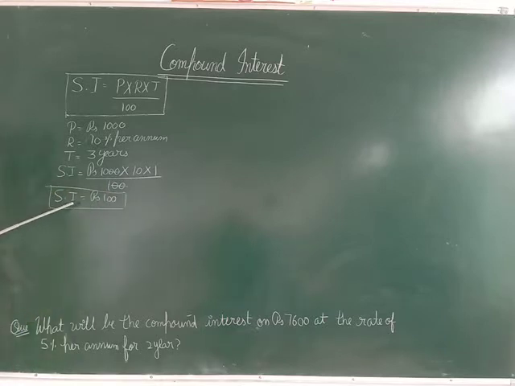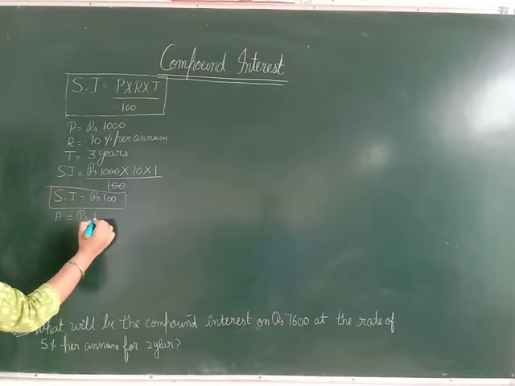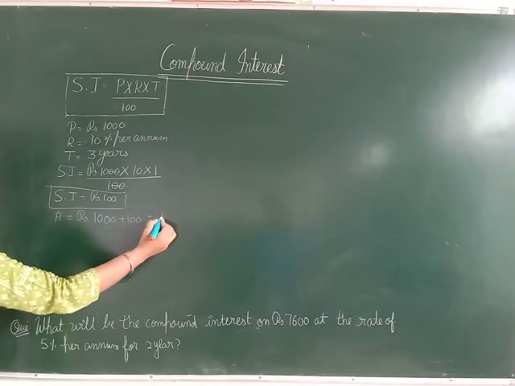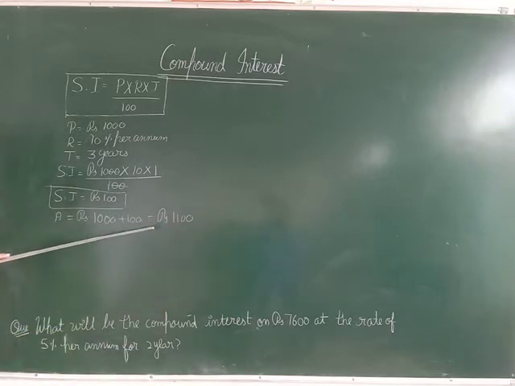right? So the amount that we have to pay at the end of the year is ₹1000 plus 100, and that becomes ₹1100, right? So this is your simple interest.